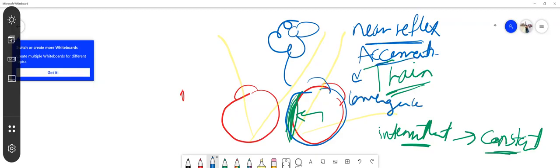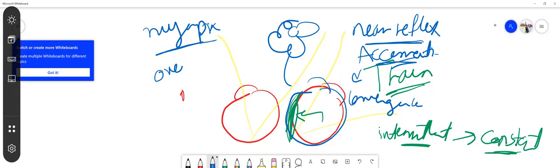So how can we stimulate accommodation? Usually those patients with intermittent exotropia have myopia. It was found that one of the successful measures to overstimulate accommodation is to make the patient slightly over minus, like by 0.25 diopters or 0.5 diopters.